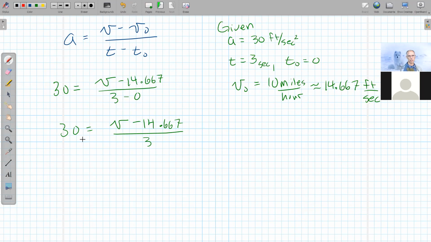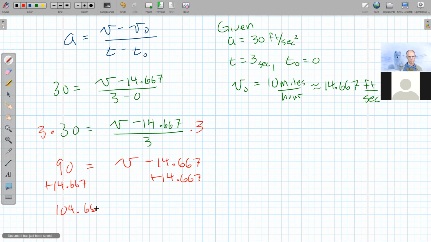But that's all I can do on this side. So now I'm ready to start solving. I would get rid of the 3 in the bottom first, clear the denominator. So that's going to give me 3 times 30 is 90 equals V minus 14.667. And then I could add that 14.667 to the other side. If you take 90 plus 14.667, I think what you're going to get is 104.667.